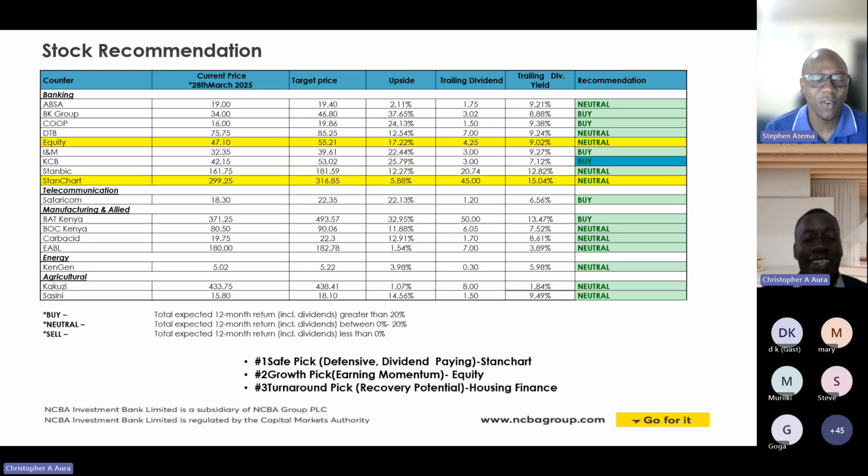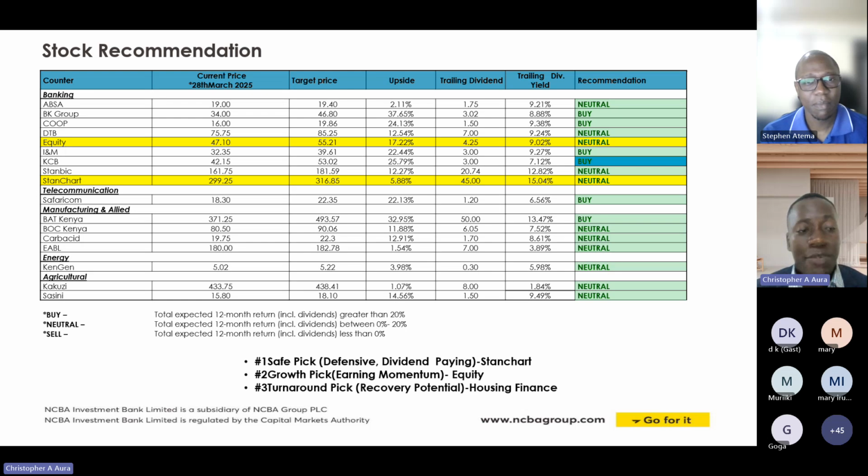Okay, Steve, or even insurance. Thanks for the question. BAT is not that badly off. In terms of dividend, they're paying like 89%, and in terms of fundamentals, they are fundamentally strong.